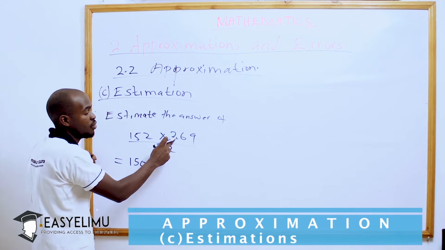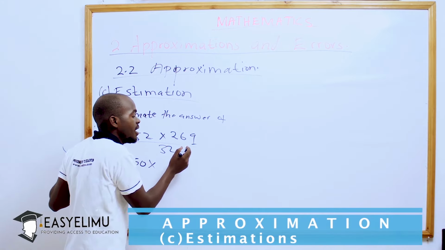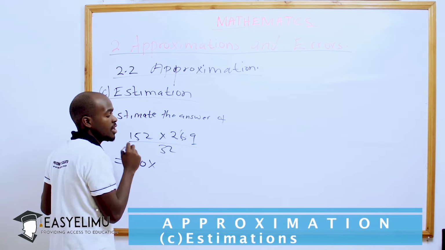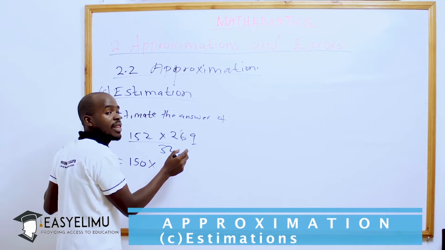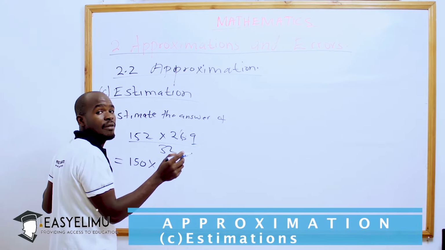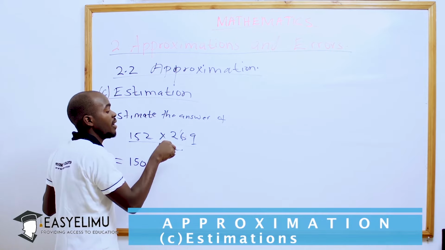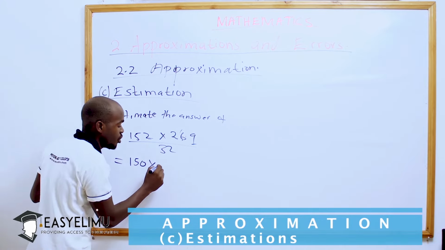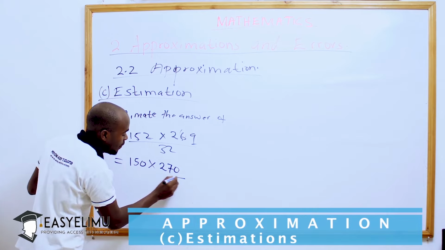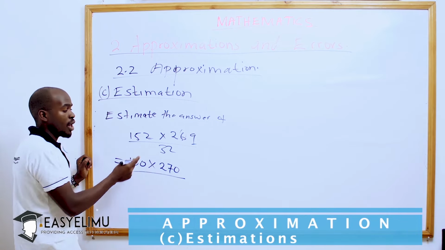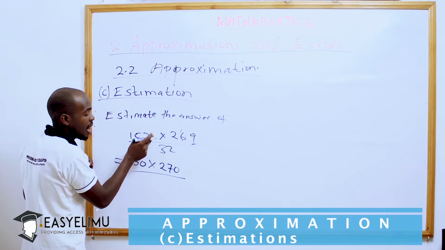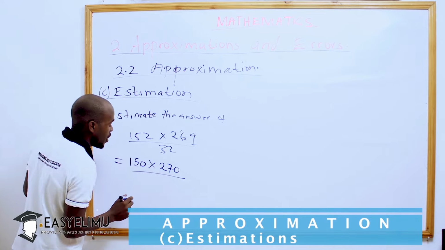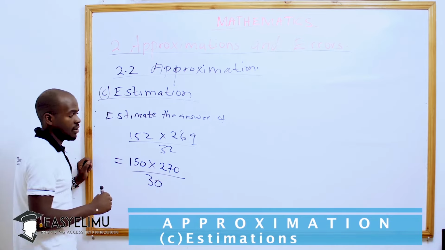Then I multiply by 269. I will check at this 9 because I'm rounding off this 6. This one is greater than 5, so it will add 1, and I'm going to have 270. And then the 32 rounds to 30.